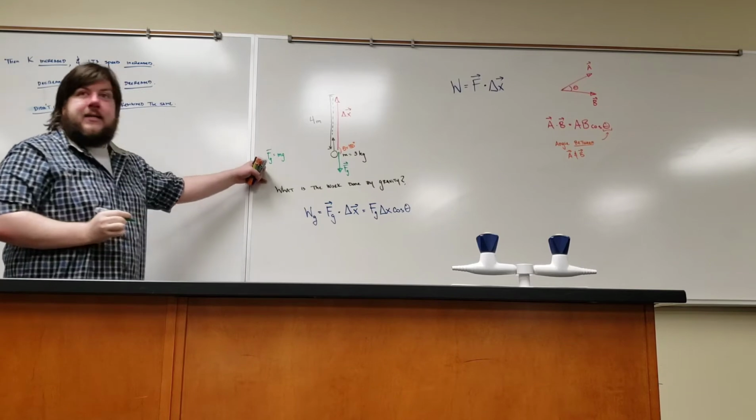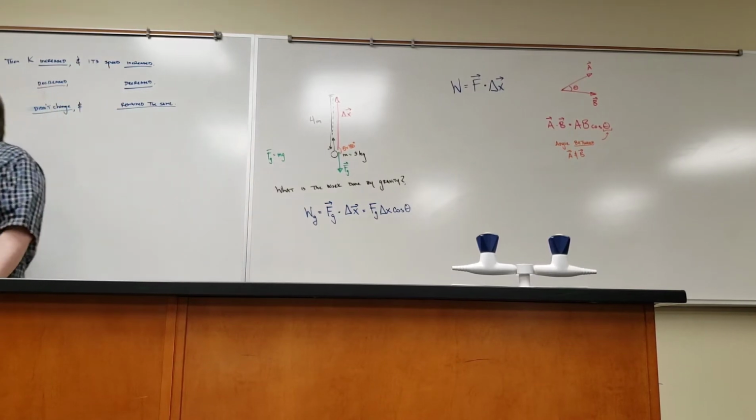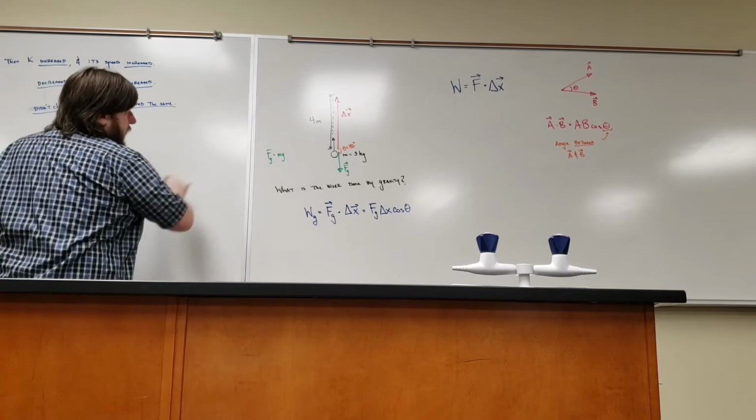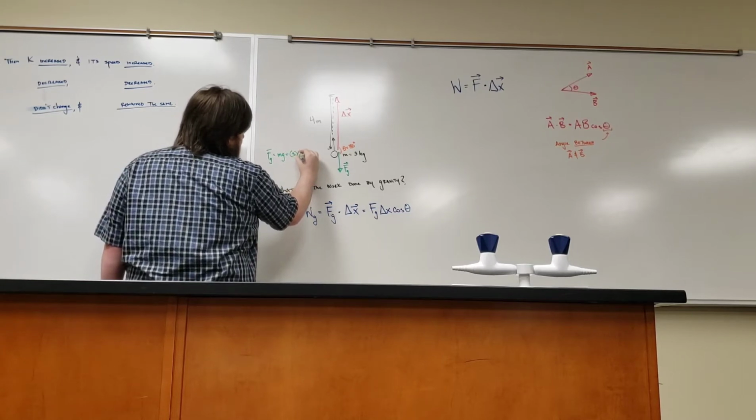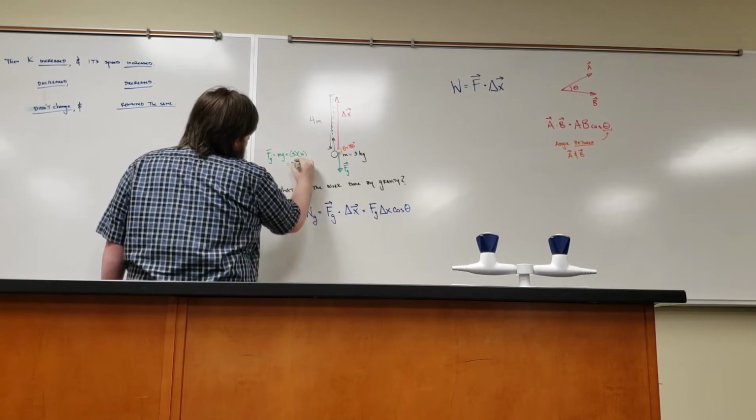This is just the weight. But once again, I'm not using the letter W because the letter W is used for work in this chapter and the next one. So to avoid confusion, I'm just calling it the force of gravity. So it's M times G. M is 3 kilograms, G is 10. So this is 30 newtons.